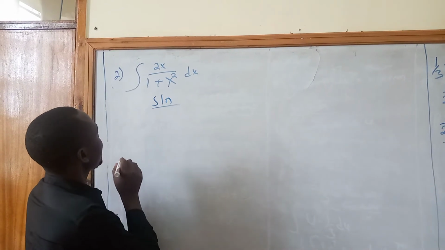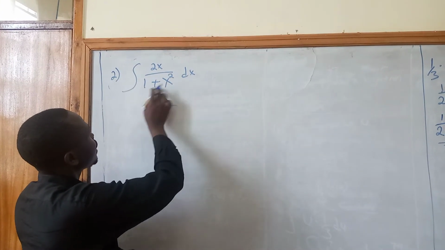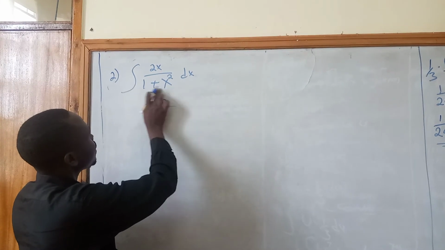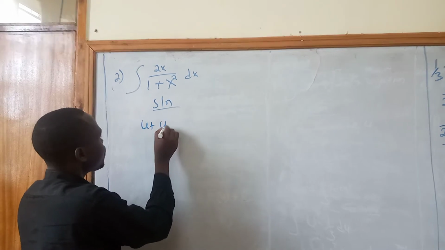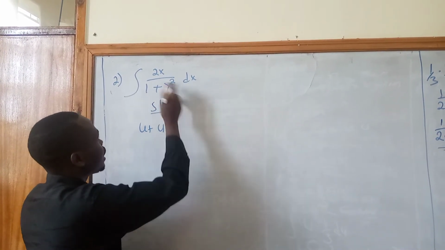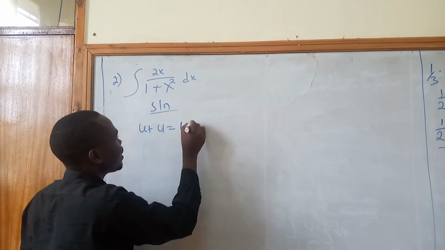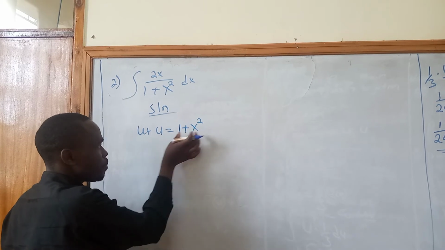What I'm going to do, I look for the polynomials. This is a polynomial. Then this function, I'll say let u be this function that is in the bottom, the denominator, which is 1 plus x squared. Let my u be this one.